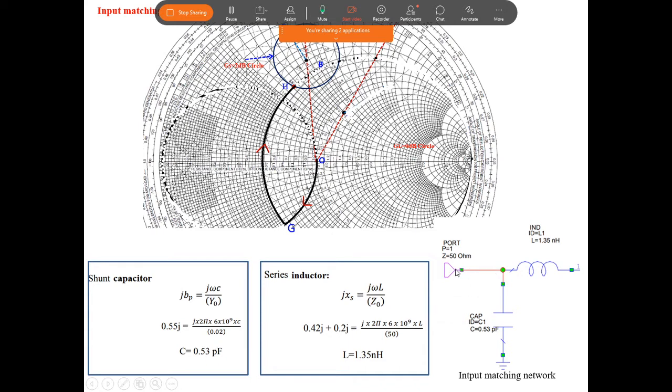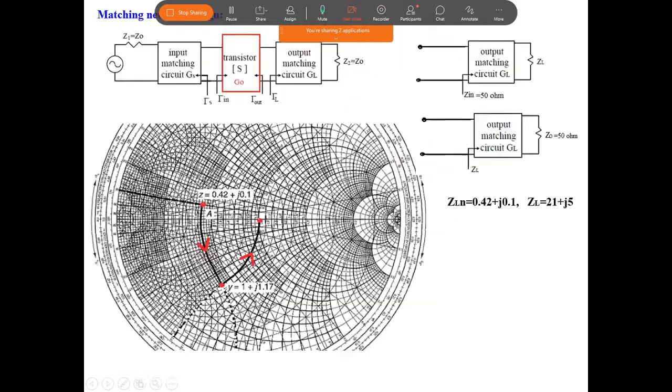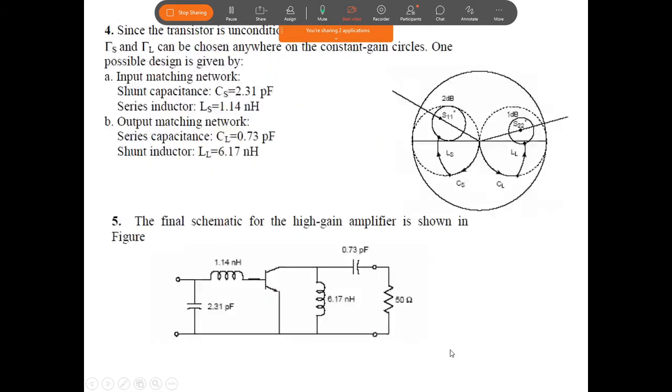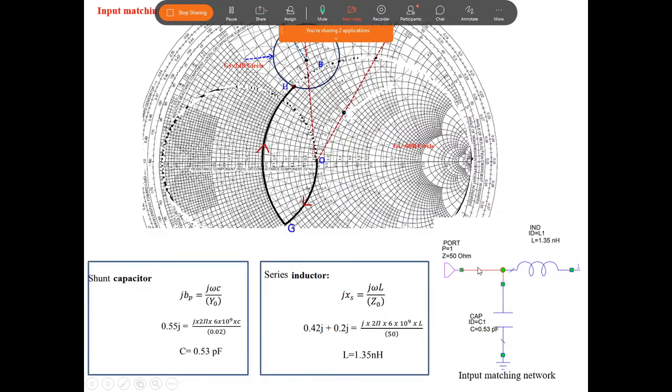Next to this we are adding a capacitor. Now after that you are adding the inductor. This is our source, 50 ohm source. In the AWR tool you can do this. Next to that we are adding a capacitor. Next this part is the inductor in series.